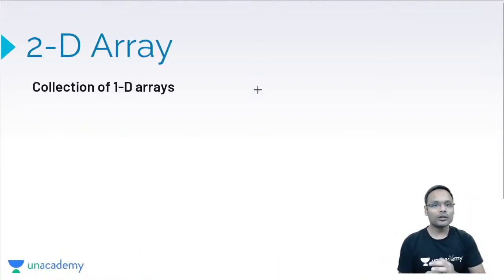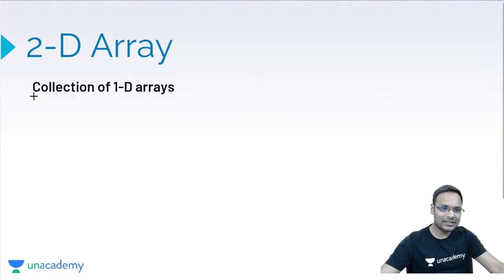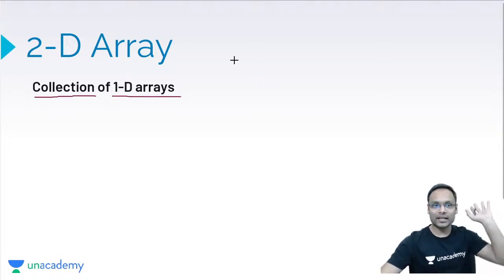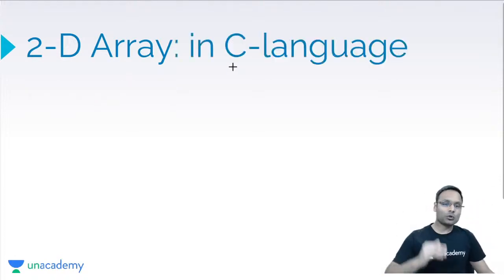Today we are going to discuss 2D array. What is two-dimensional array? Two-dimensional array is nothing but the collection of 1D arrays. Now in that particular collection, what we can have? So for that, let's try to understand how 2D array is declared in C language.